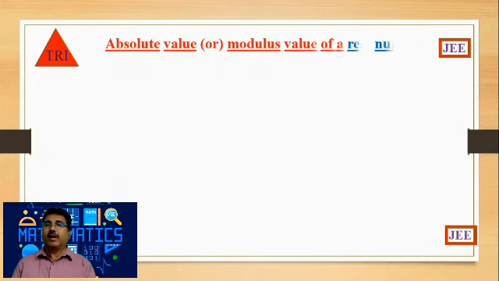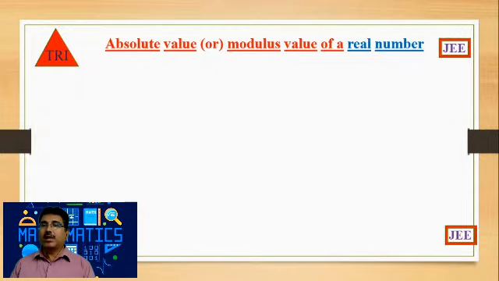Now, the absolute value or modulus. Generally, students are familiar with root x square is equal to simply x, but root x square is equal to mod x, that is equal to plus or minus x.